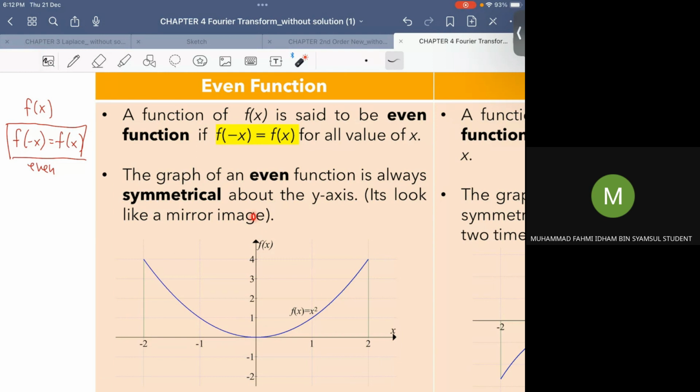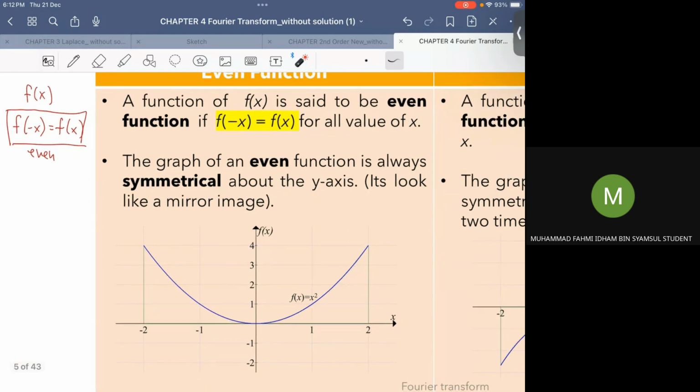So observe that, let's say this is a mirror. So the image on the left hand side is equal to the image on the right hand side. So whenever you try to draw the graph of an even function, it is symmetrical about the y-axis. It looks like a mirror image.